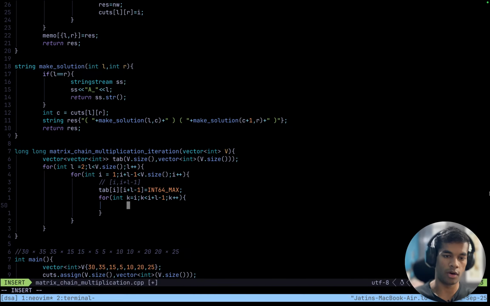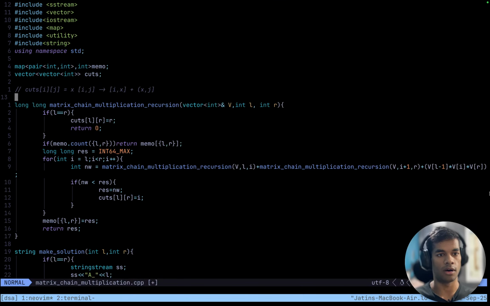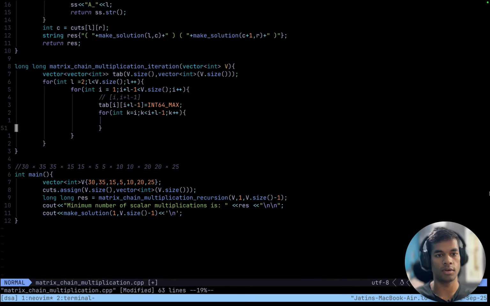And we can also fill the cuts table, which we need to write the solution later.